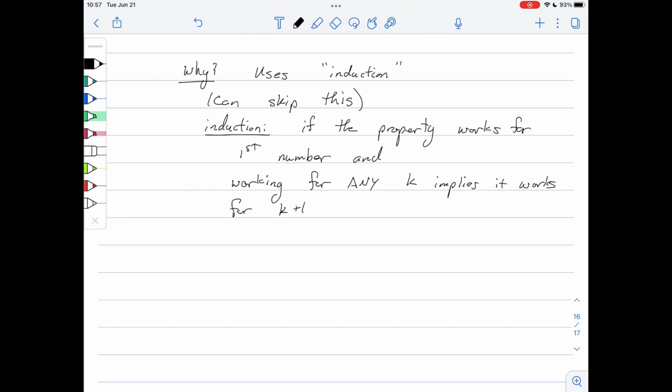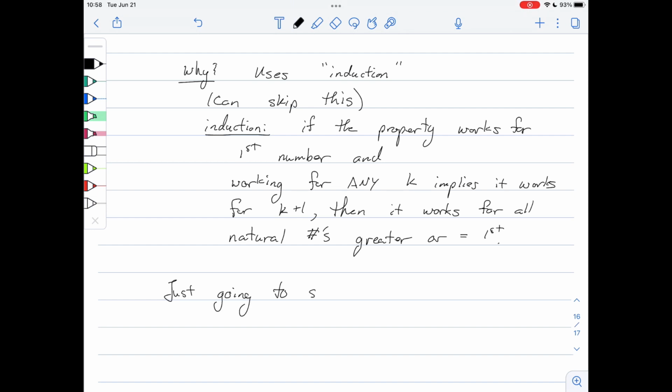So in this case, we're going to start at 1, and we're going to show it works for every natural number. So we're just going to go through the example: summing 1 plus 2 plus 3 plus 4 all the way up to n is going to give us n times n plus 1 over 2.